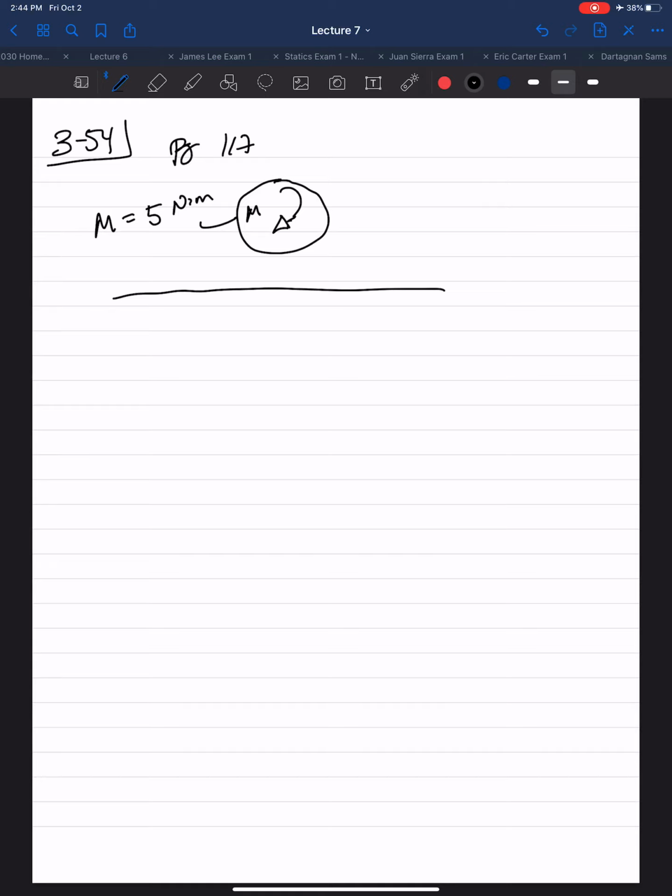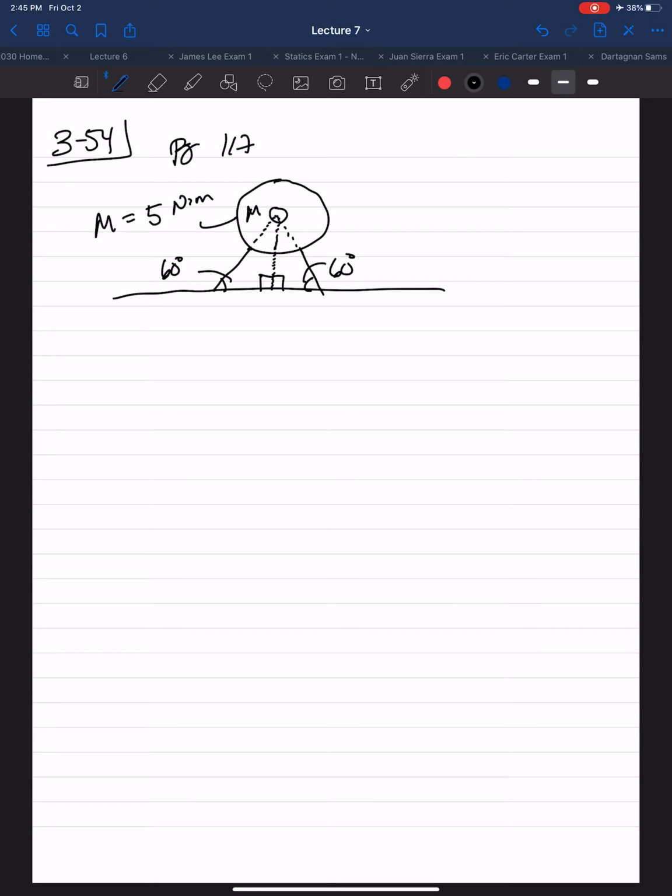We have, easier. This angle is 60 degrees. This angle is 60 degrees.